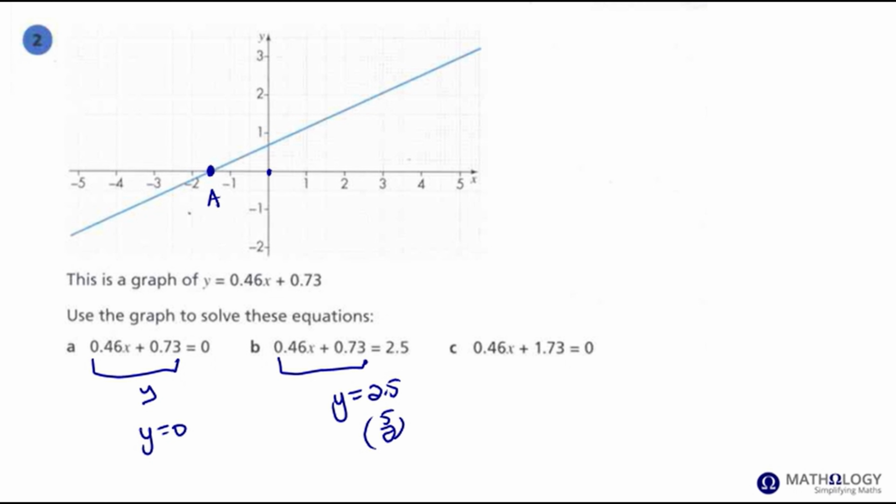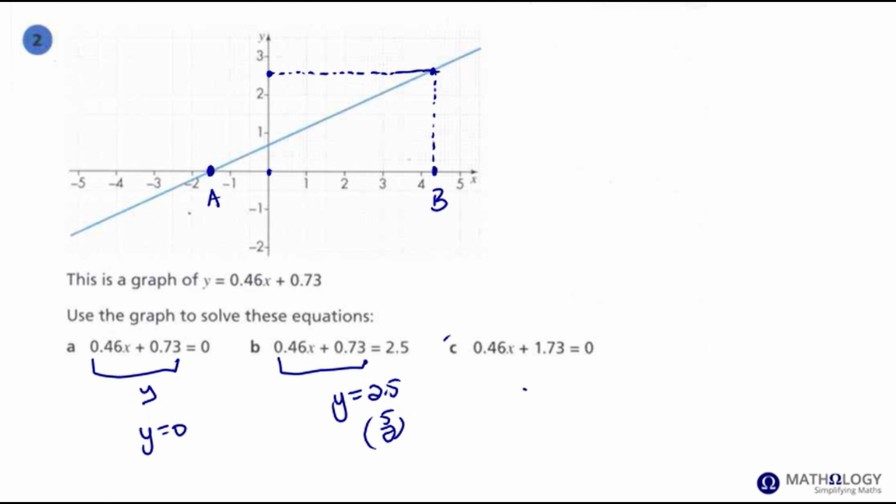We go to 2.5 on the y-axis, which is between 2 and 3. We move across using a ruler, move across to the function, and then drop a perpendicular down to the x-axis and read off that particular value there.